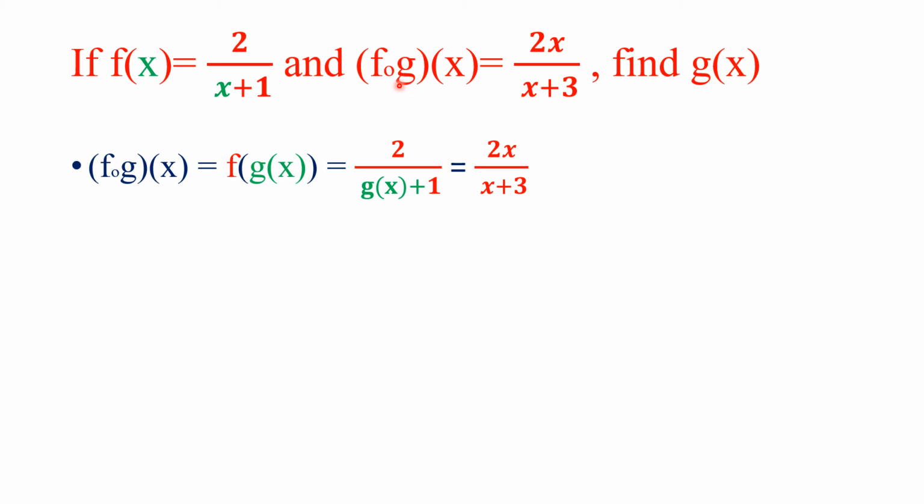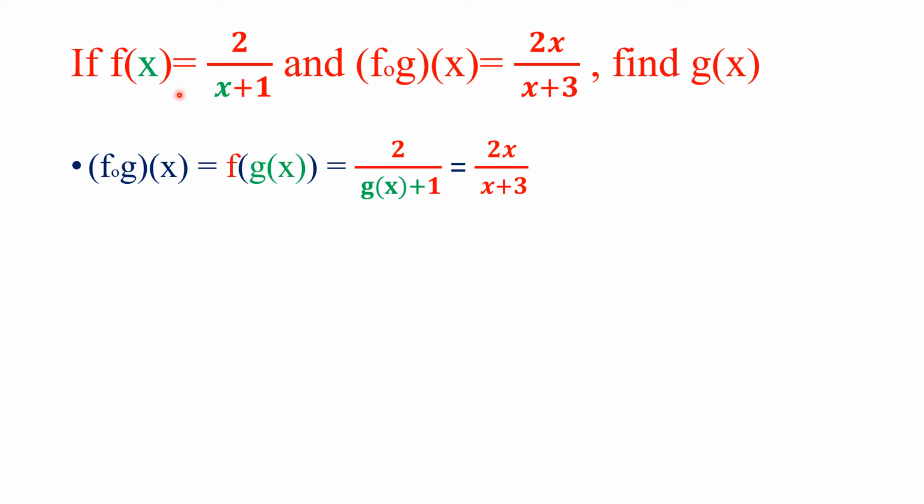So the composite function f circle g of x equals f operating on g of x. We know if f operates on anything, then the right hand side will be 2 divided by that thing plus 1.